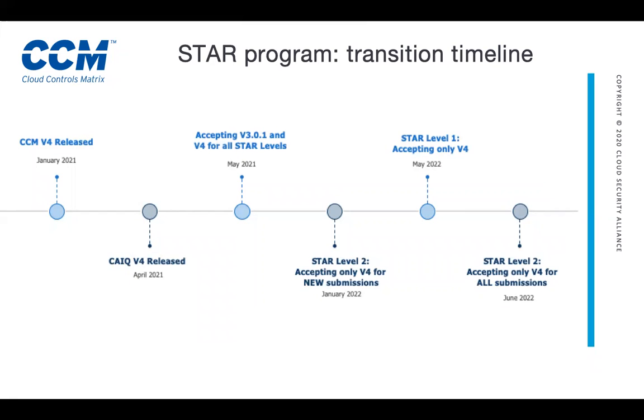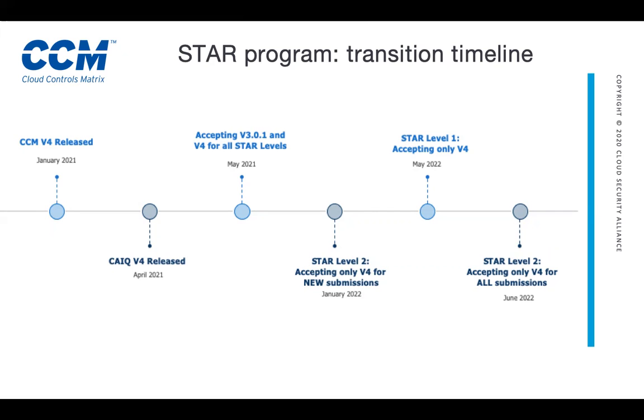So with the release of the V4, we also released to the public and our members a CSA transition policy. This policy foresees that organizations using the previous version of CCM as the foundation for their compliance program will be entitled to 18 months of a grace period to transition to the new version.